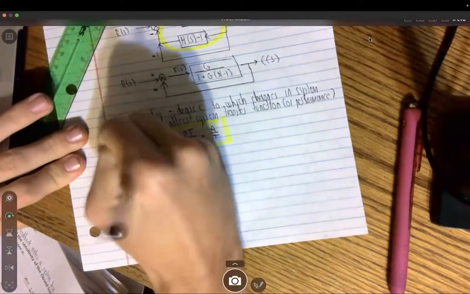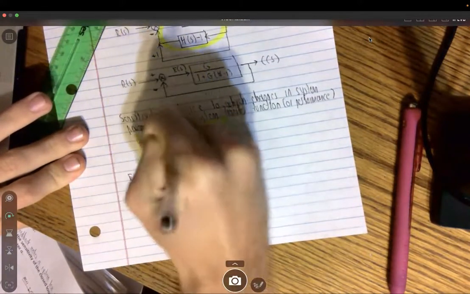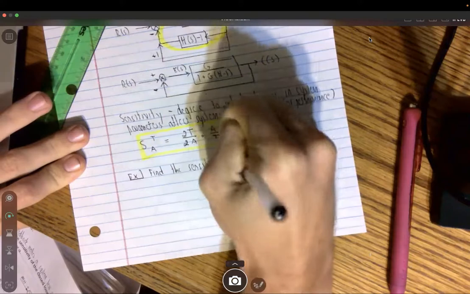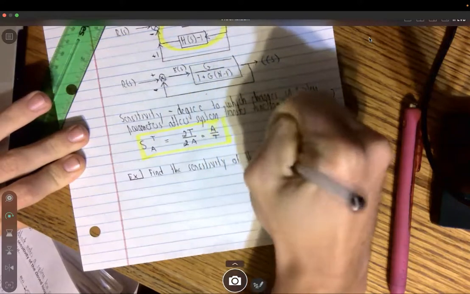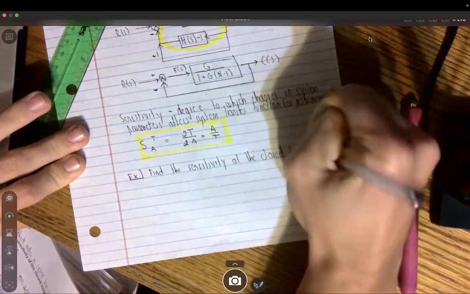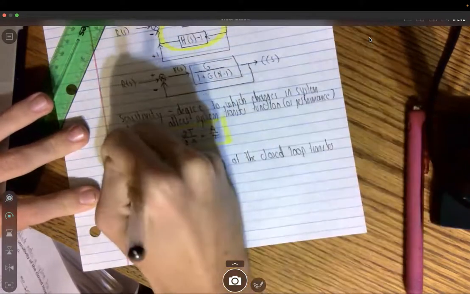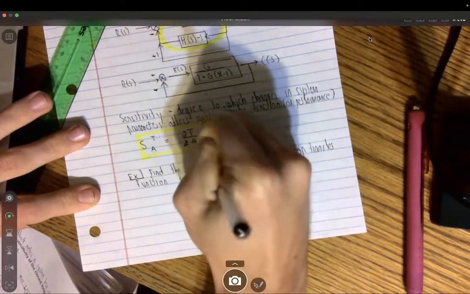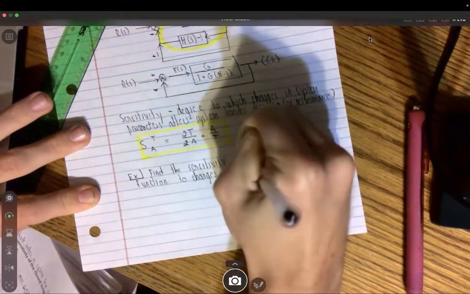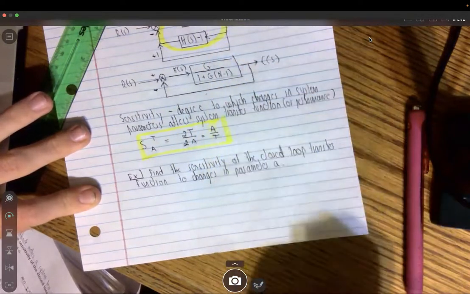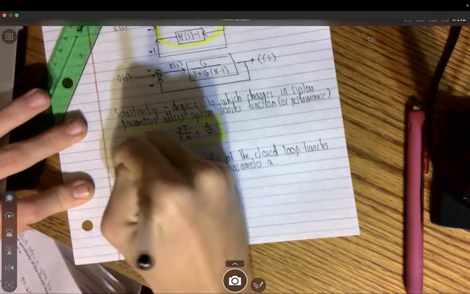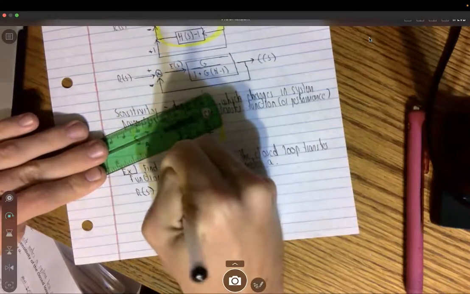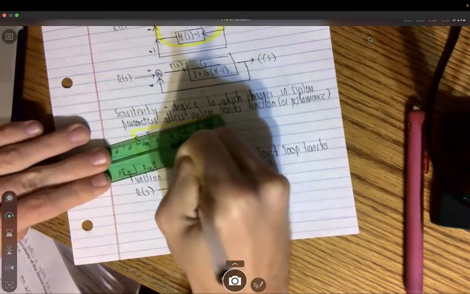So example, find the sensitivity of the closed loop transfer function to changes in parameter A. Okay, if we have changes in parameter A, look here, we have our input R of S, and it's going to go through a summing junction, which this would be the positive, this is the negative coming in, and then this would be E of S, the error.